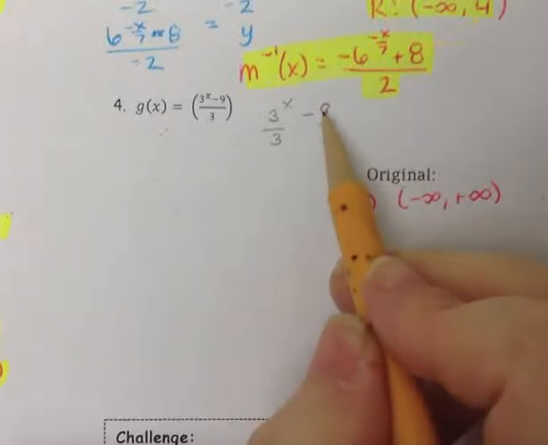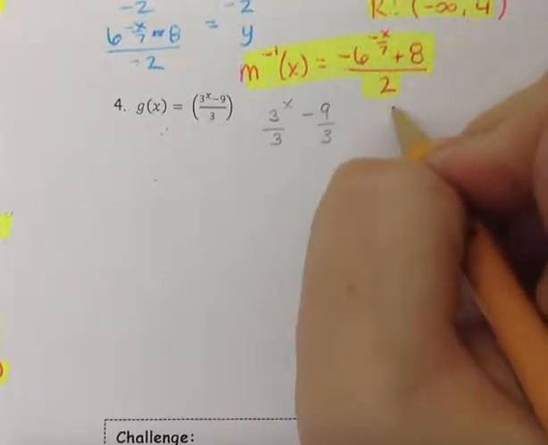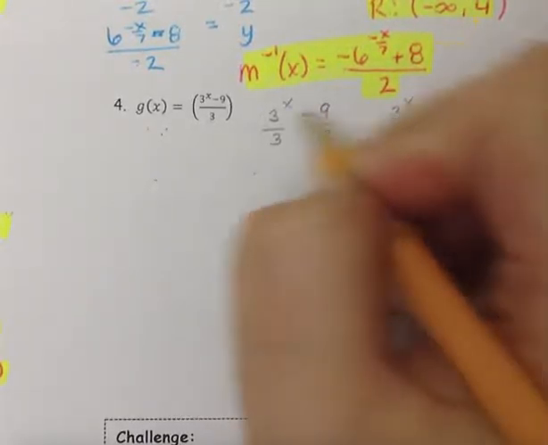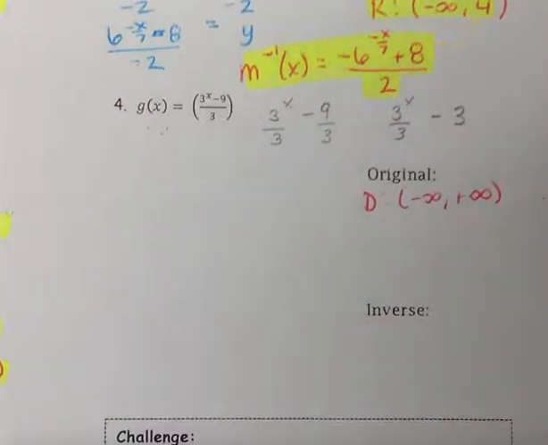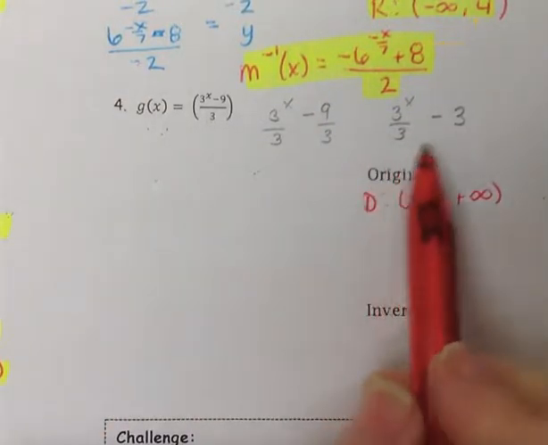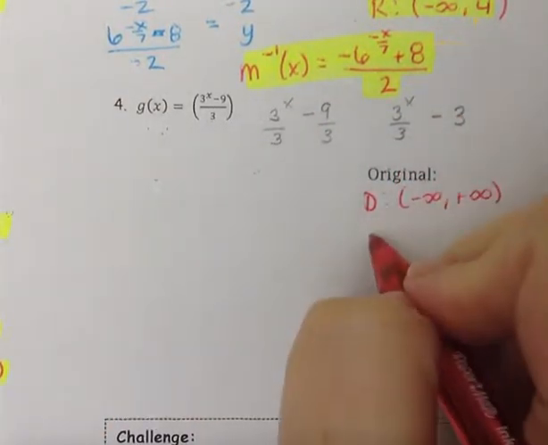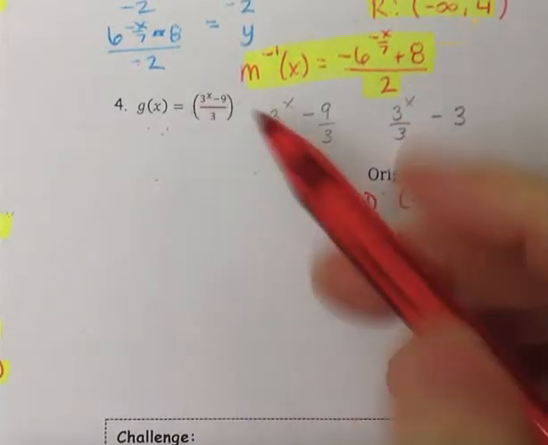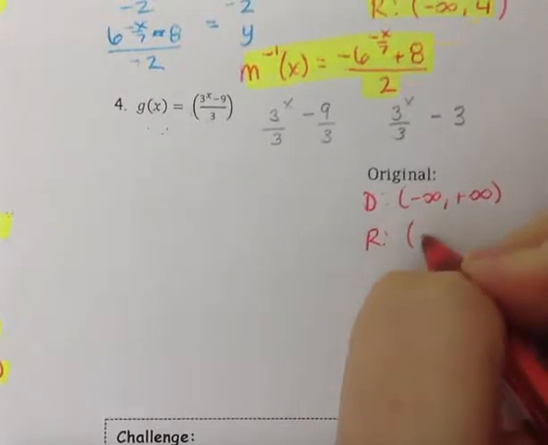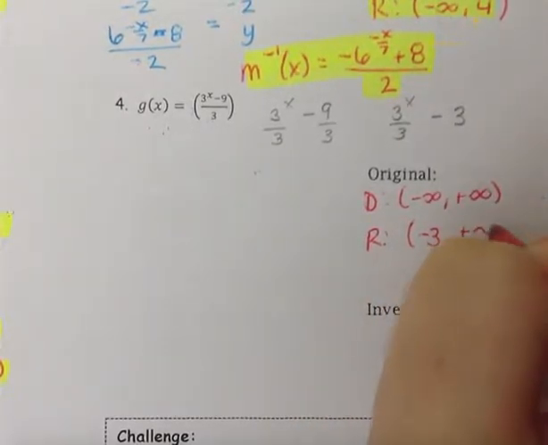So this negative 9 divided by 3, this is really 3 to the x over 3, because I'm just going to keep that the same because I don't need it right now. But this becomes minus 3. So our asymptote for our range is at negative 3. And because it is going to go up because our a value is positive, it will start at negative 3, it'll be an open bracket, and it will go to positive infinity.